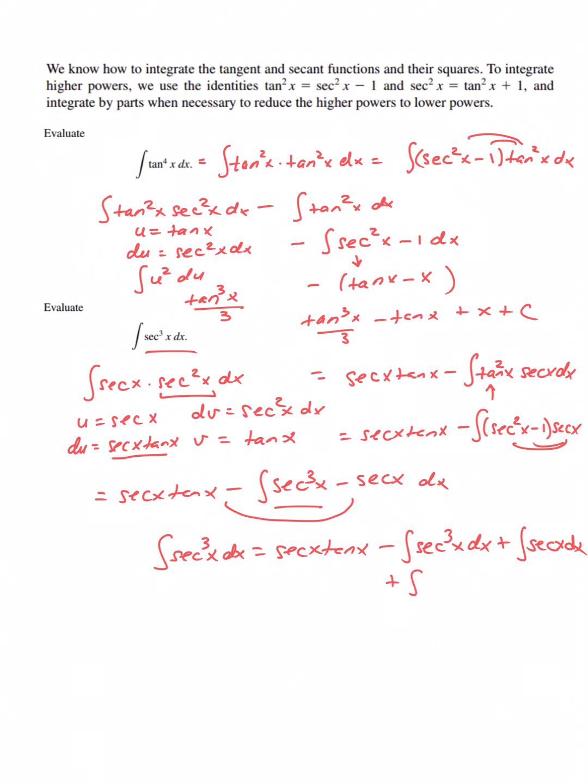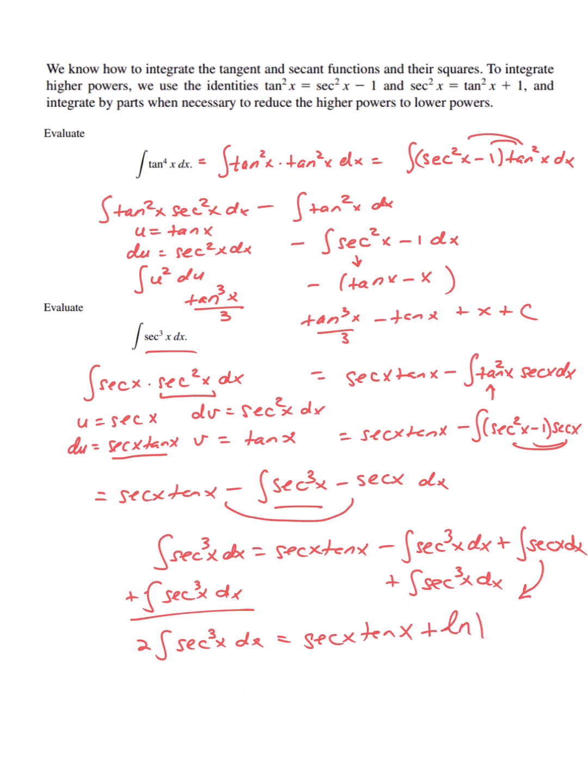So what I'm going to do is, a la peanut butter sandwiches, we're going to add this to both sides of the equation, which makes 2 of them. And remember we said that we should add the integral of secant to our list of things to know. Do you remember we said that that was ln, absolute value of secant x plus tangent x?